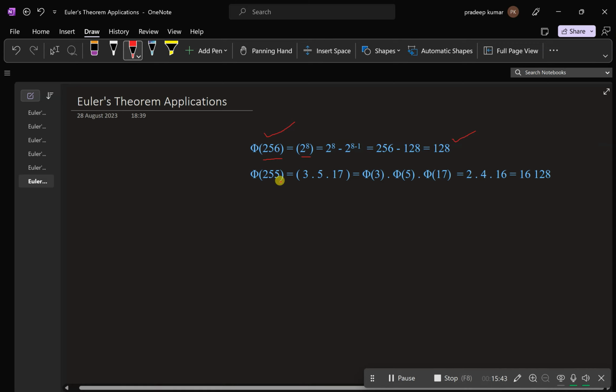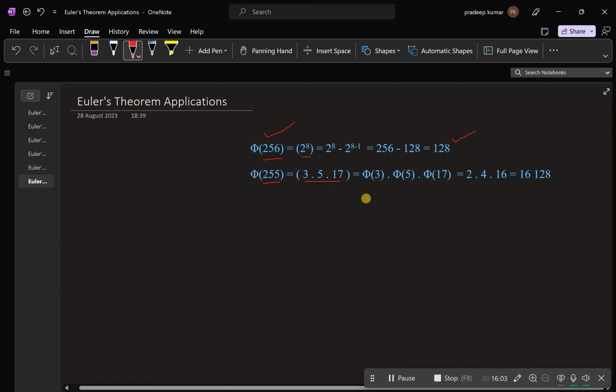Now again, how can we express 255? In the exam, if they ask what is phi of 255, we can express 255 as 3 into 5 into 17. If you take your calculator quickly, you'll find that 17 into 5 into 3 is 255.